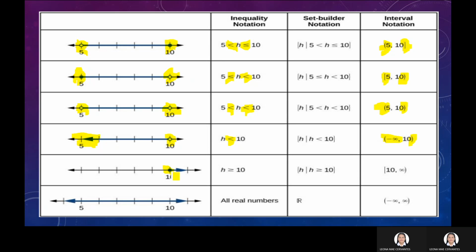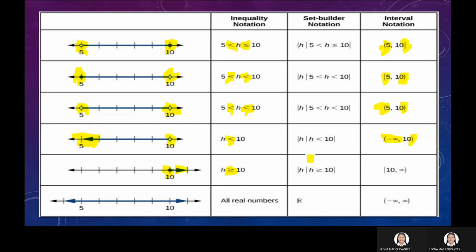Next, another example. Positive 10, shaded or included, then we will put an equal or underline. And as you can see, we have an arrow going to the right, which is the positive side. So inequality notation, we have h greater than or equal to 10.